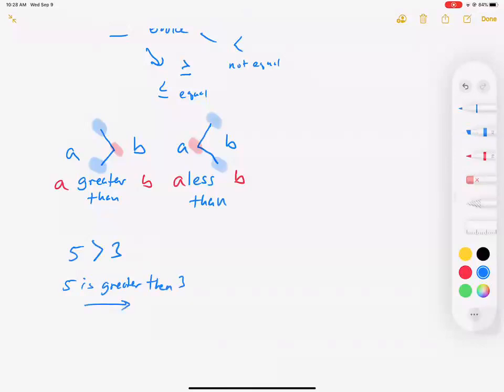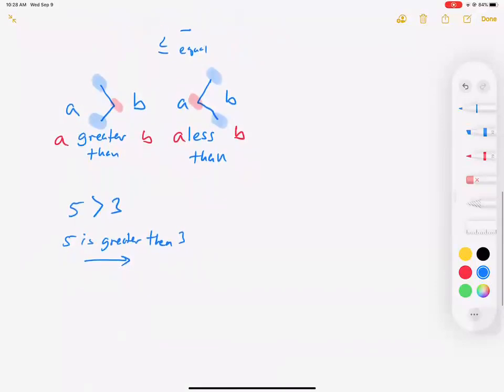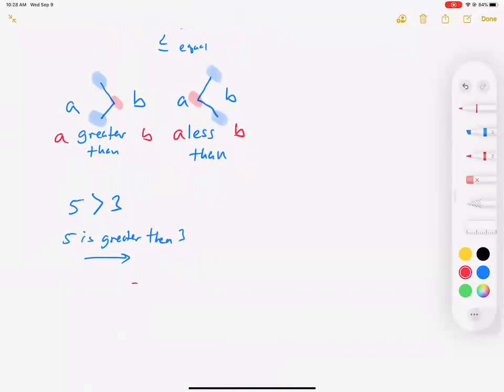That's going this way. But you could read from right to left, and that's also okay. So if I go from right to left, isn't 3 smaller, less than 5? So my point is, you can actually read this in either direction. Just make sure you choose the right word depending on which way you're going.